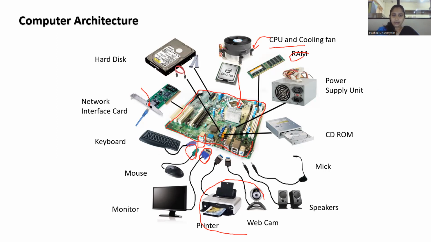Most of the time we can find two or more RAM slots inside the motherboard, depending on the type of motherboard. Okay. The power supply unit is also connected with the motherboard. CD-ROM is also there, right? So each and every connected inside device as well as outside device is going to connect with the motherboard using several cables and slots, right?